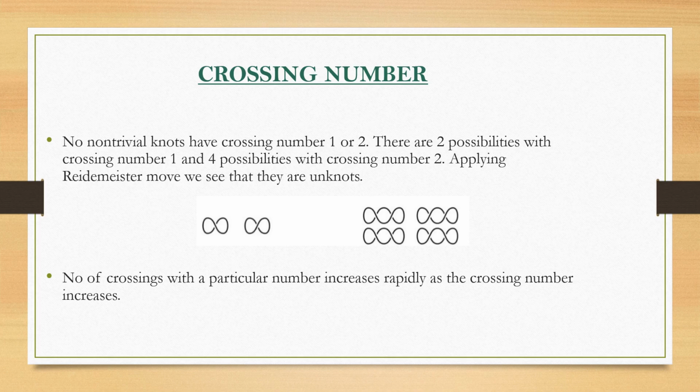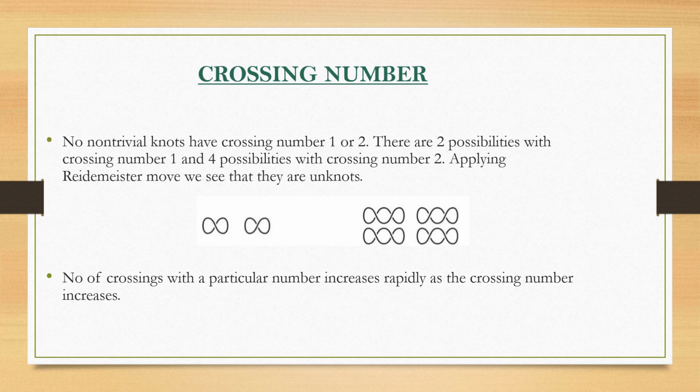There are 2 possibilities with crossing number 1 and 4 possibilities with crossing number 2. Applying the first Reidemeister move, that is, taking out a twist, you can see that these are unknots. So no non-trivial knot has crossing number 1 or 2, and the minimum crossing number a non-trivial knot can possess is 3.